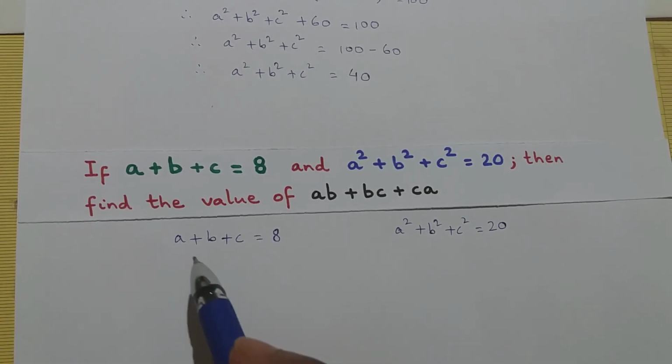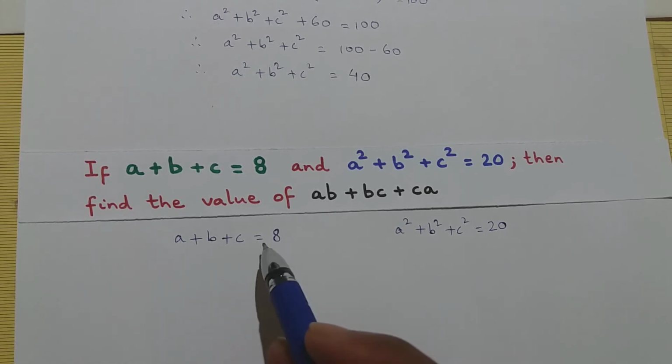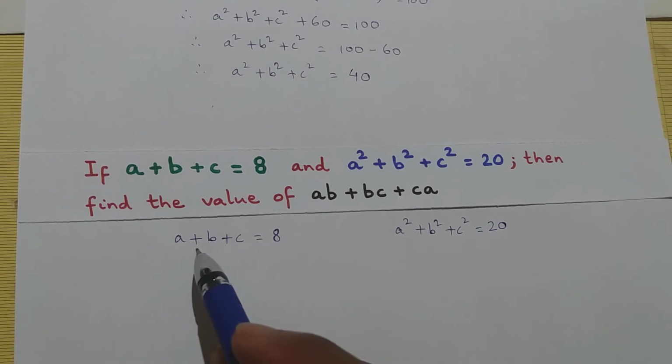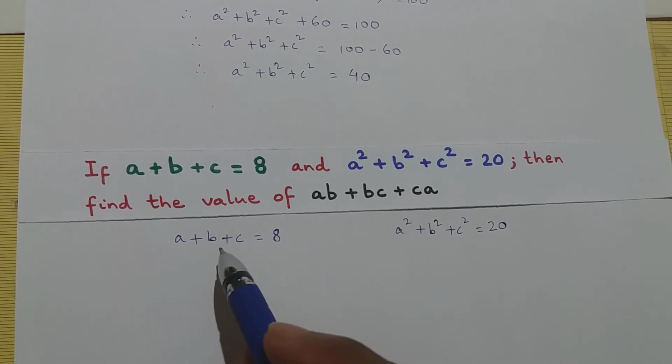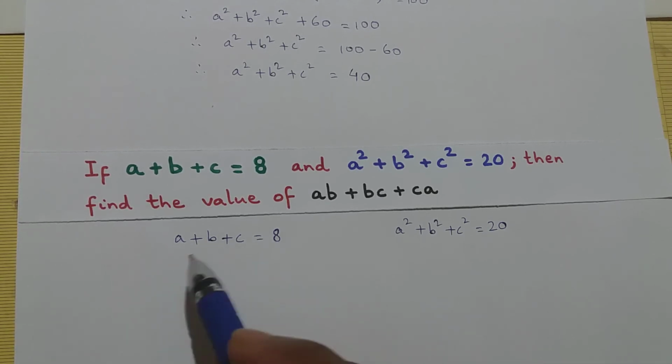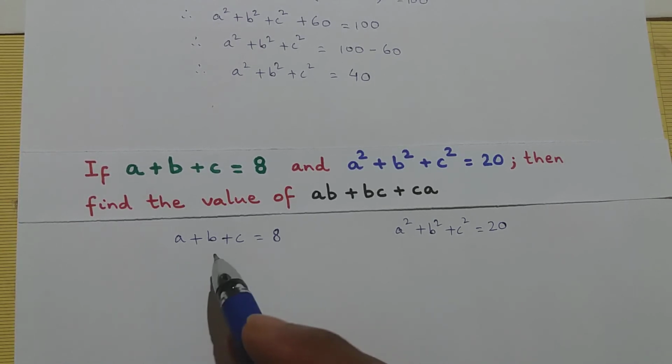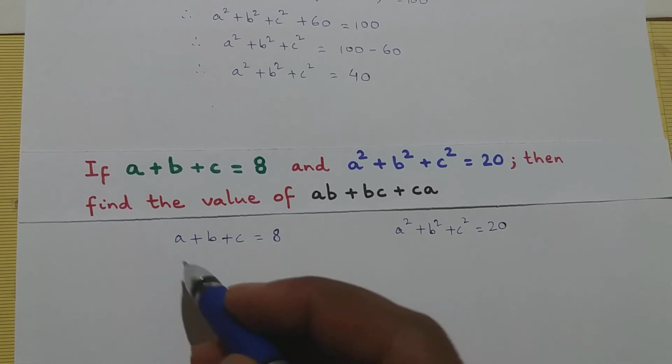Now let us look into this given information. So a plus b plus c is equal to 8. Now what I am going to do is I am going to square this given equation. So what do we get when we square this equation?